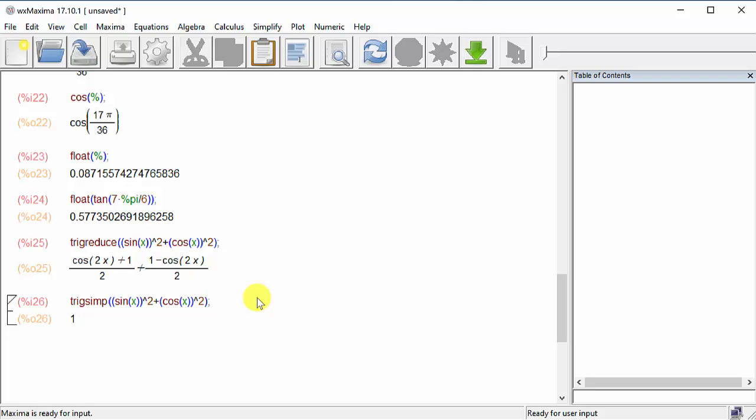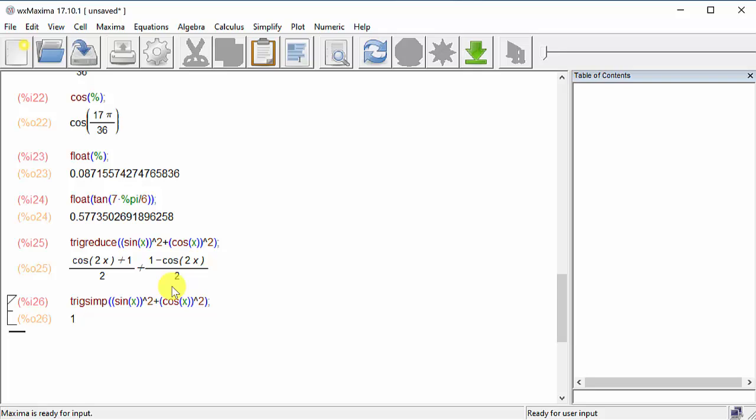All right, so there's trig reduce and trig simp. Now let's express sine squared x in terms of a double angle. Basically it's going to do what it did up here. You've got half angle identities, or you can express it as a double angle. You're probably familiar with that.